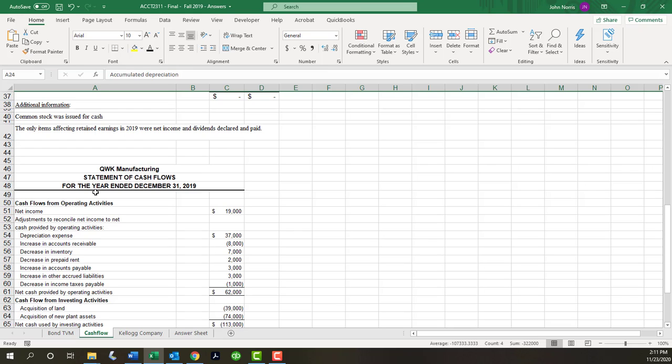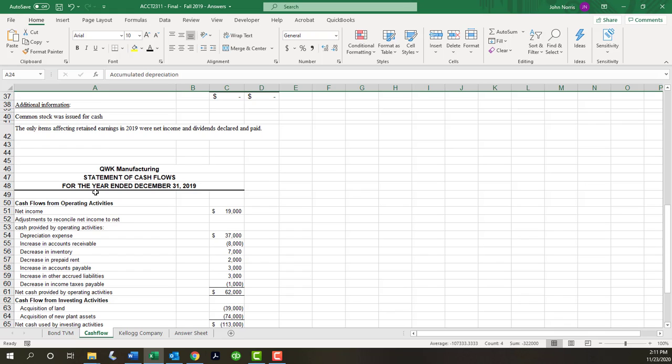Then we're going to increase or decrease the net cash flows from operating activities based upon current assets and current liabilities, the changes in working capital. So current assets have an inverse relationship to cash from operating activities.